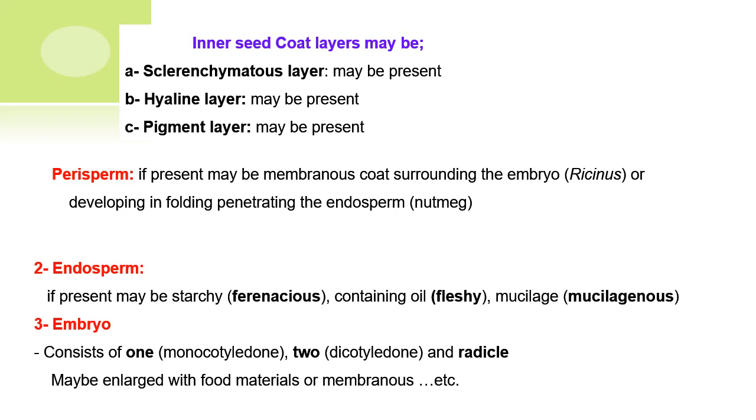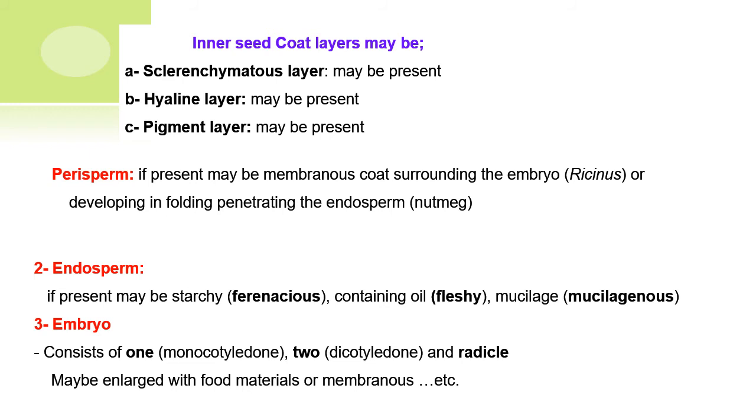The endosperm also surrounds the embryo and contains aleurone grains or fixed oil globules for nutrition of the embryo. Sometimes it contains starch and is described as starchy or farinaceous endosperm, or contains fixed oil and is described as fleshy endosperm, or contains mucilage and is described as mucilaginous endosperm.